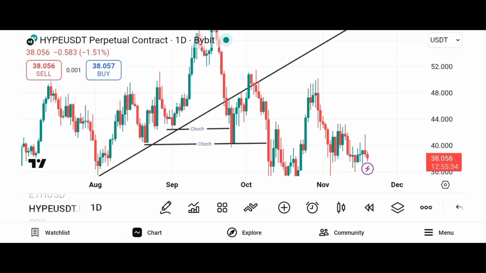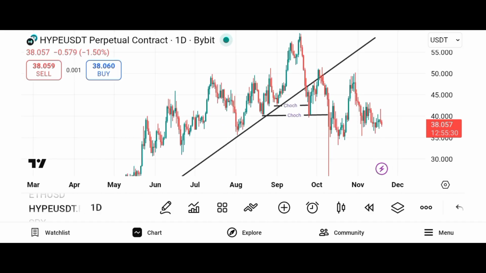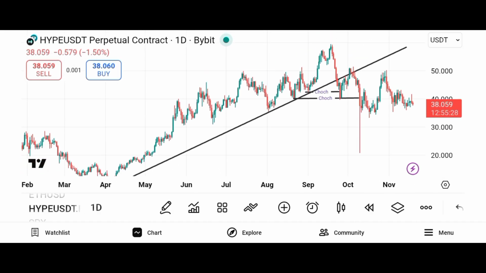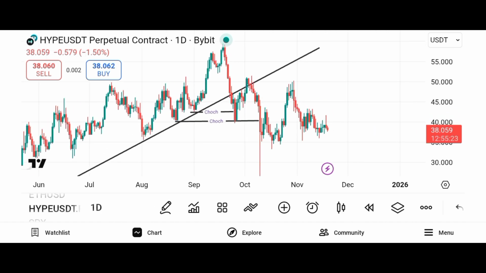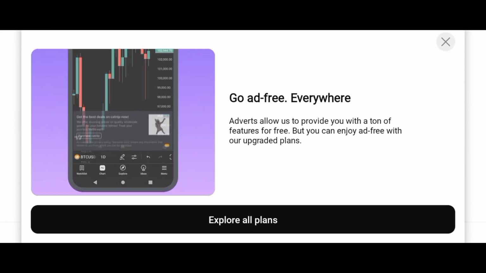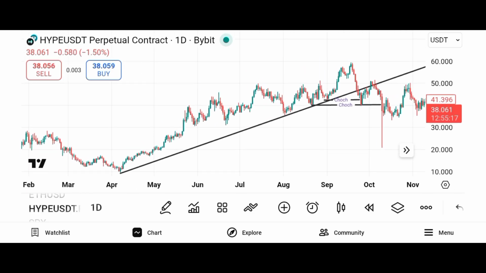Now, the moment you see this happens, you are now on a sell alert. Do you get my point right now? You're now on a sell alert. This initially was on a bull trend.